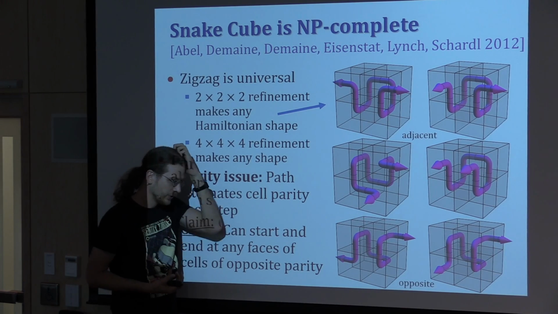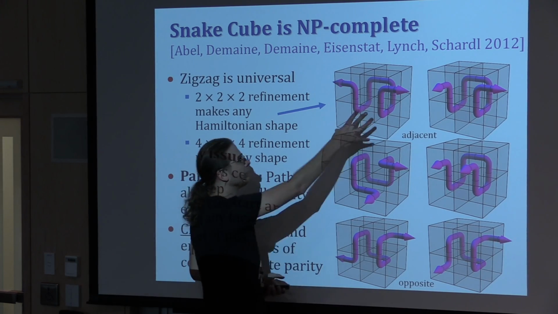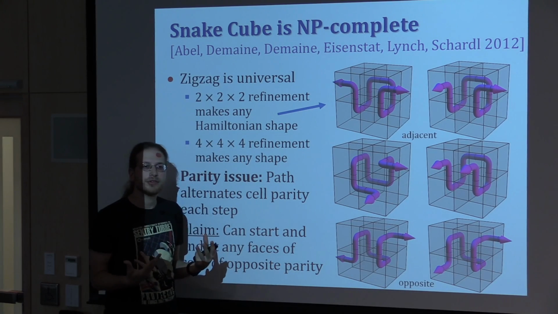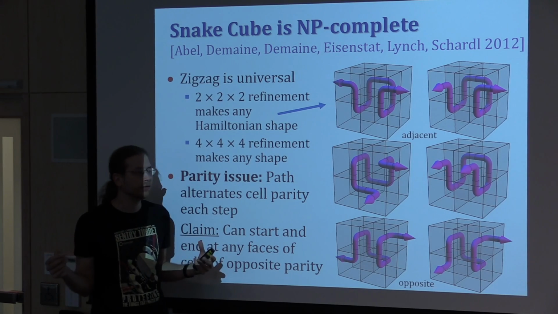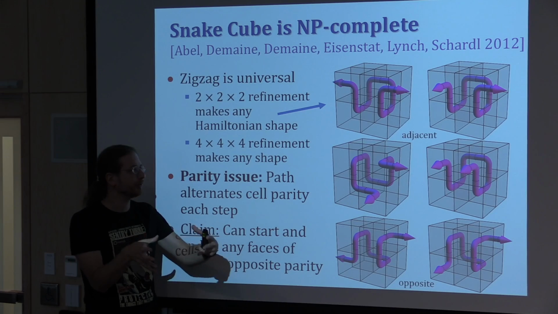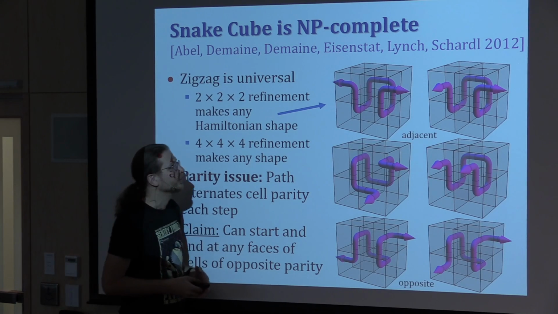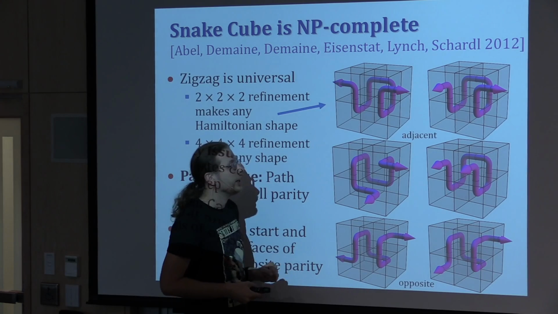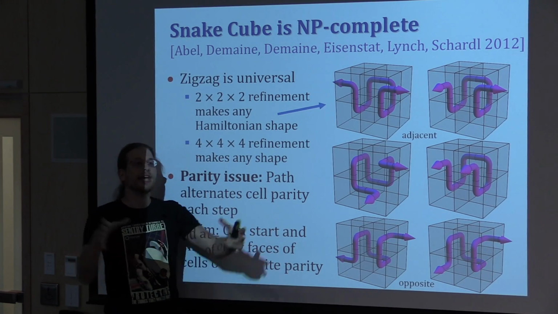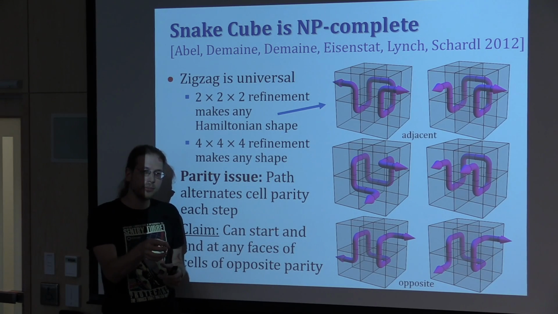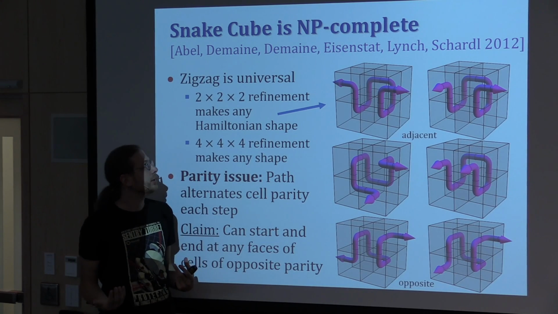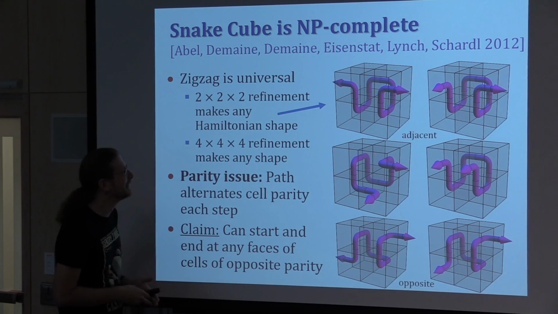One sense of universality is that the zigzag structure can fold into any polycube structure. Polycube is the 3D generalization of the polyominoes that we saw last time from polyomino packing. That's not true. But if you take any polycube structure and you just scale it by a factor of 2, so you replace every cube with a 2 by 2 by 2 grid, like this picture, then it's still not true, but it's better.